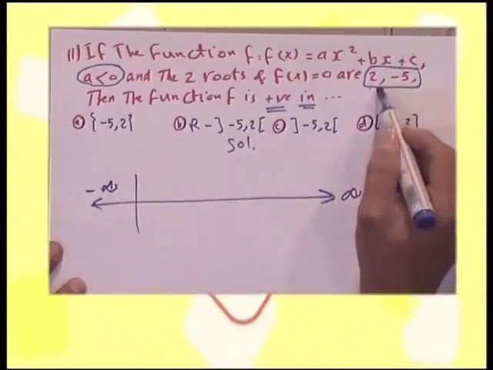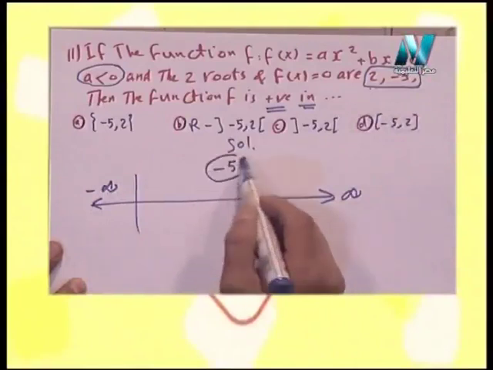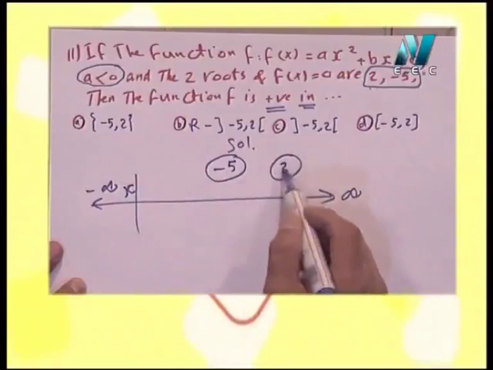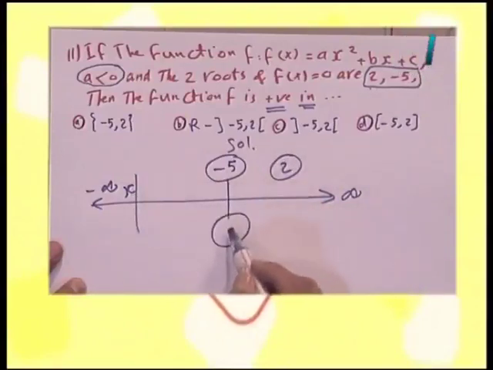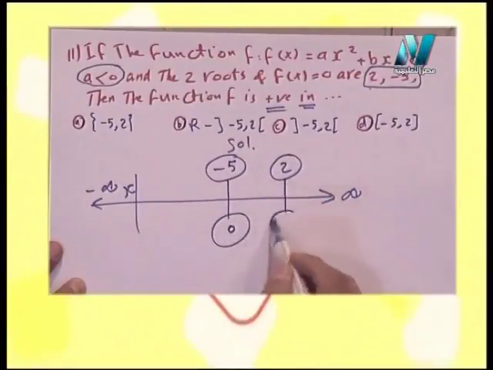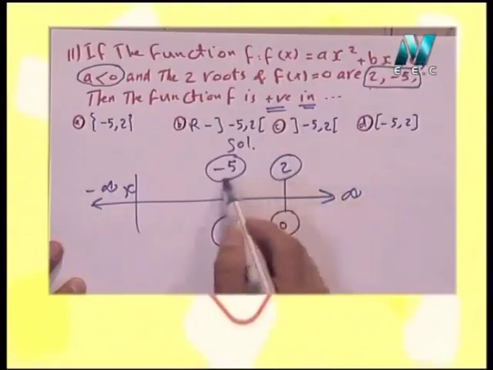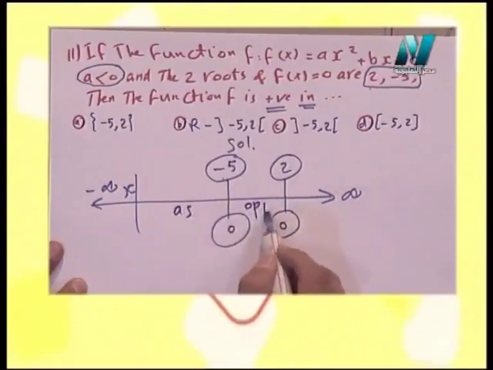We have two roots, 2 and negative 5, so put negative 5 here as x, and also 2 here as another x. At negative 5 the function will be 0, and at this one the function will be 0 also. And if we have two roots, then we put opposite as.